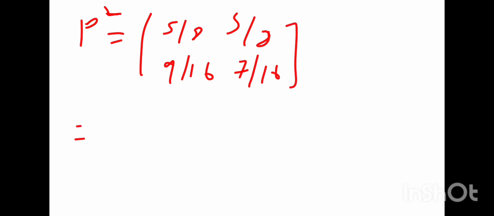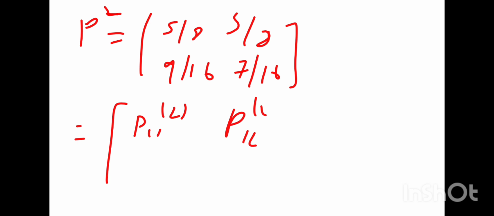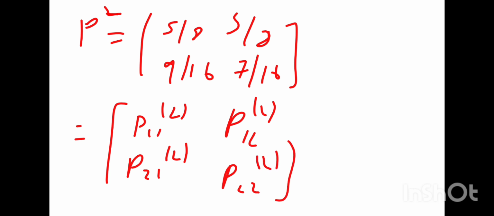We can write this as P11 of 2, P12 of 2, P21 of 2, P22 of 2. We have to find P21 of 2.